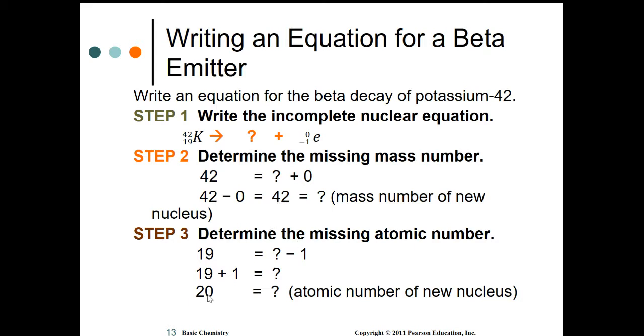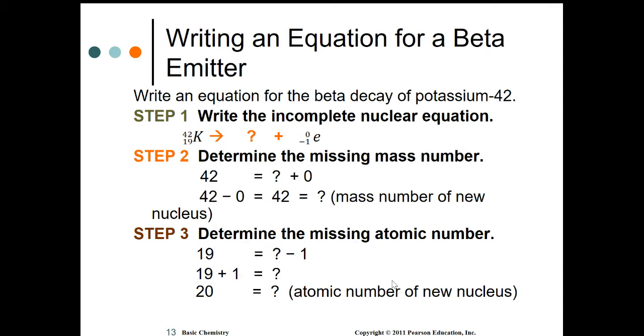On this side you have 19, and on this side you have -1. So you move this -1 to the left side, and 19 plus 1 becomes 20. That would be the new atomic number.